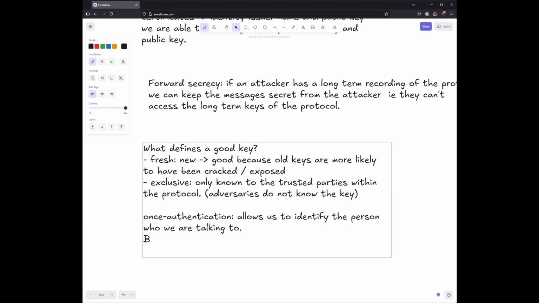Let's say A and B are communicating, and A wants to know that B is who they say they are. B can send a signed message to A containing the identity of A.